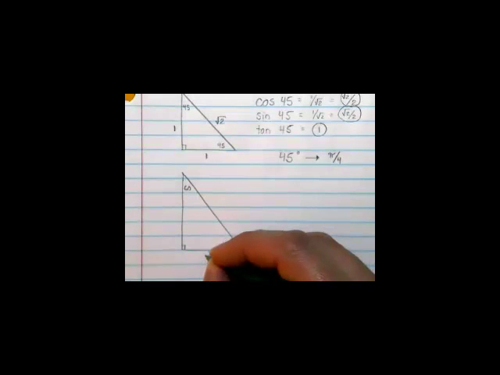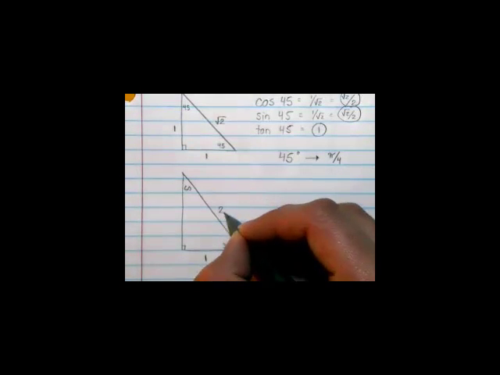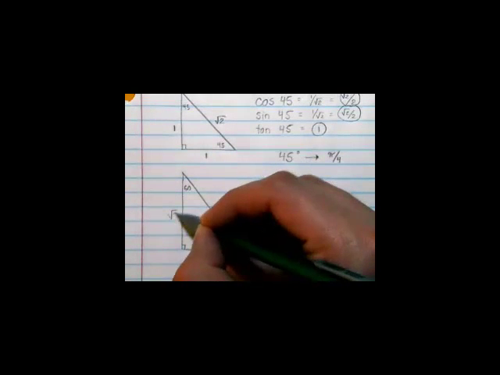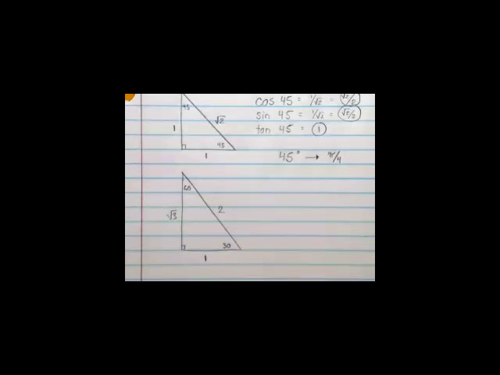So what I'm going to do is, let's say this is 1. Okay? So the way I always remember it is, whatever the short leg is, that's 1, or x. And then the hypotenuse is always the twice as long one. So this would be, in this case, 2. And then the other leg is the square root of 3. Okay? In 30, 60, 90s, square root 3 and 1 are the legs, and then the hypotenuse is 2.